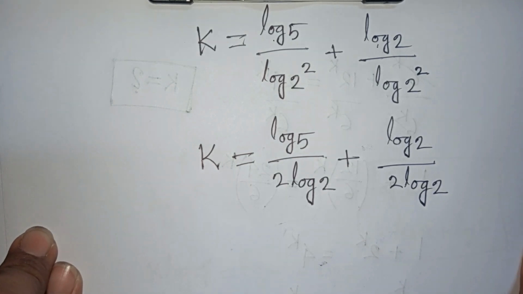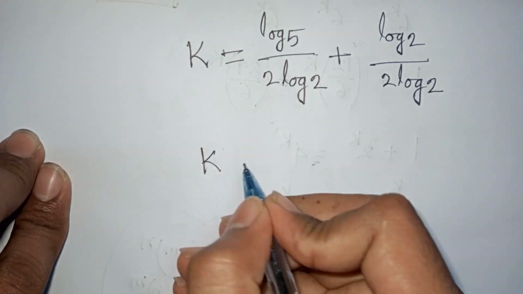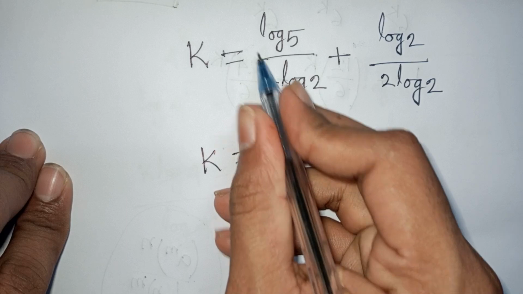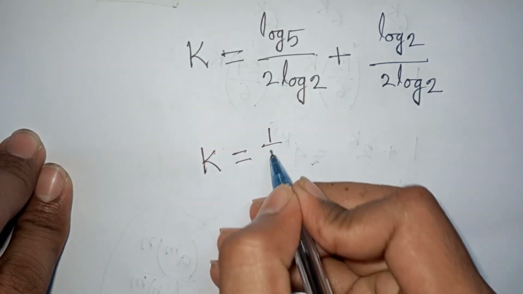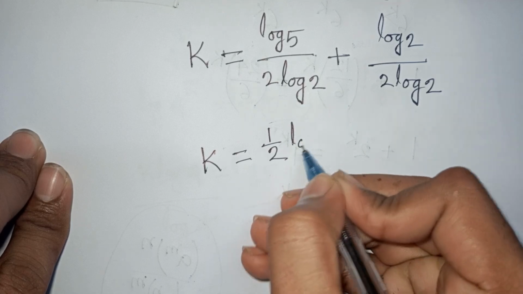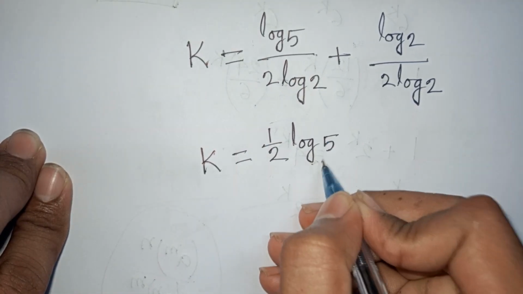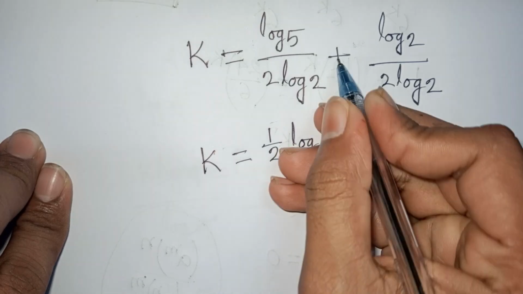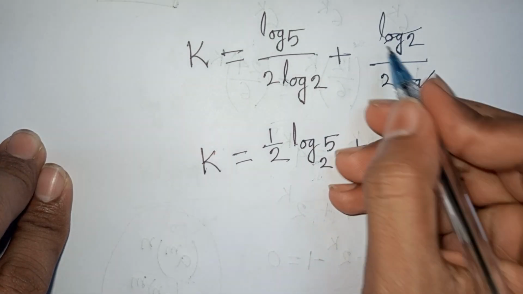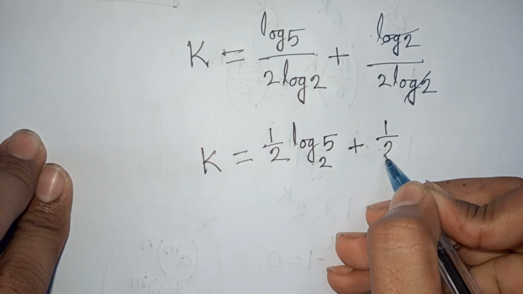Now we have k is equal to here 1 over 2, then log 5 over log 2, it can be written as log 5 base 2, then plus this log 2 will be cancelled, so here 1 over 2.